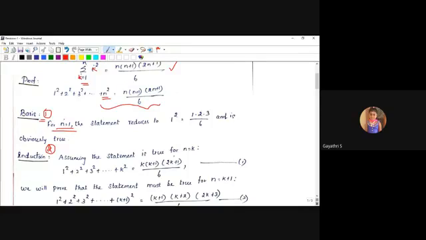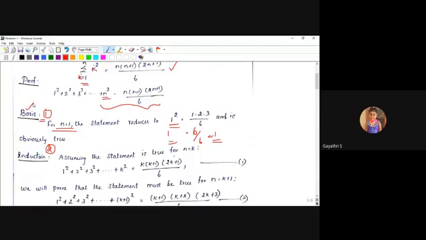Applying n equal to 1, the left hand side is 1 square, which is equal to 1, and the right hand side is 6 divided by 6, which is also equal to 1. So proved, the basis is true for both the left hand side and the right hand side. The basis is the step you apply for the very basic case, here n equal to 1.